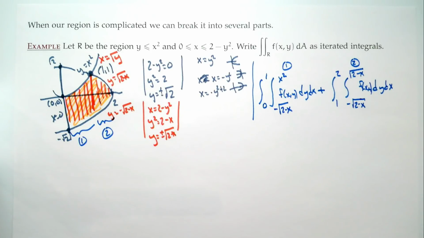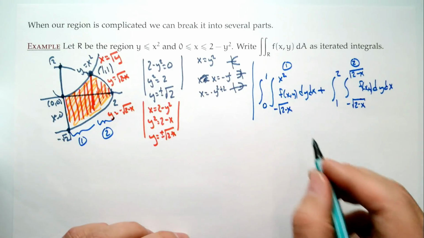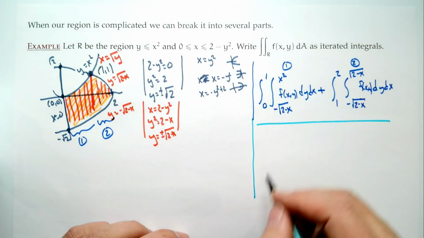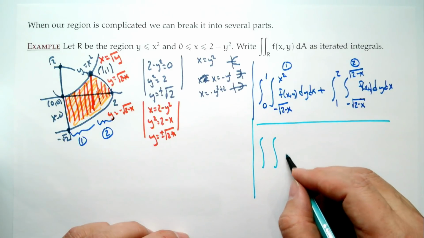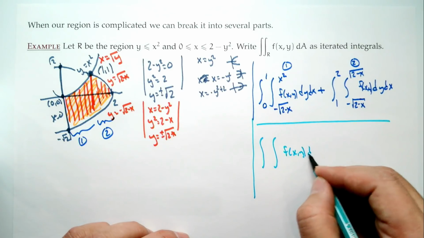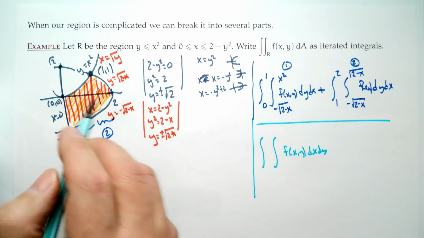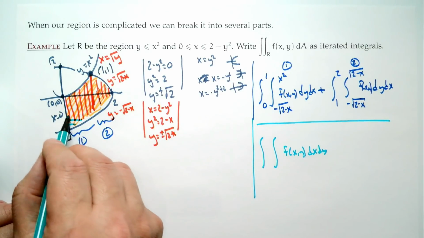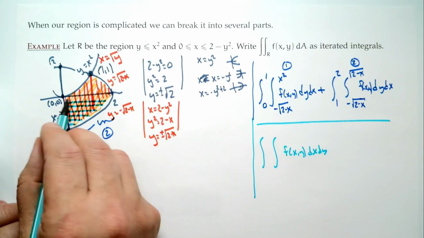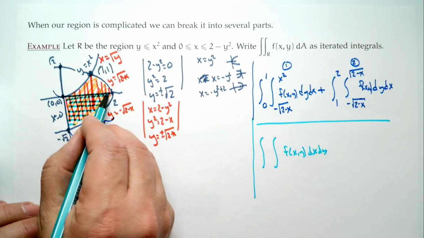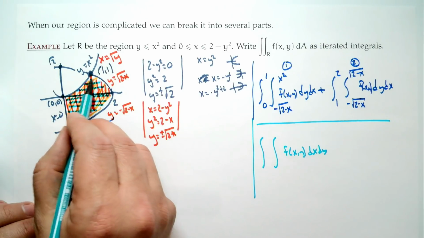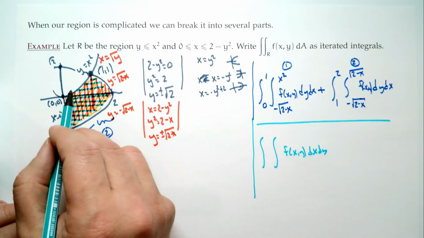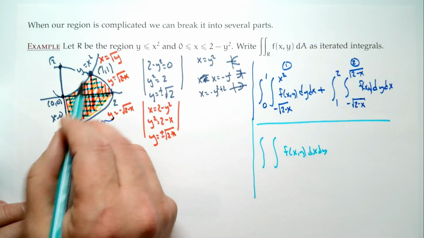Maybe it would be better to do horizontal slices. Well, let's try it. If I'm doing horizontal slices, that would be f of x y, dx dy. So we come along, we start slicing horizontally. Everything's great, and then all of a sudden, what happens at 0? My bounding curve on the left changes.